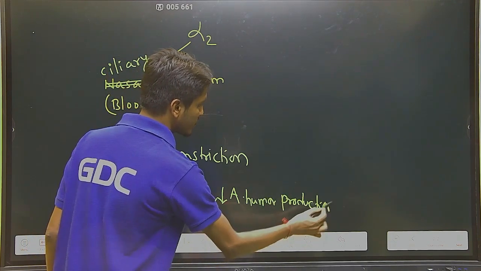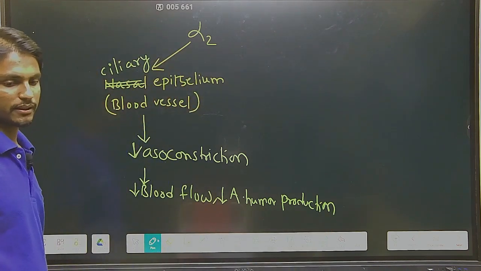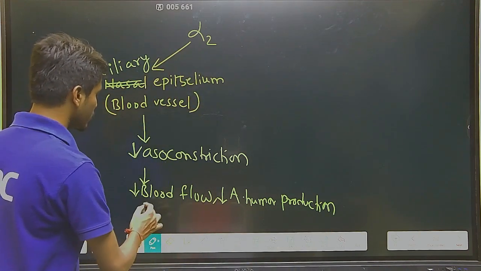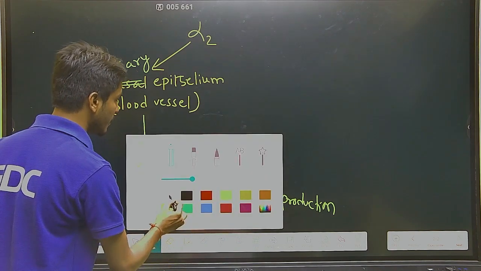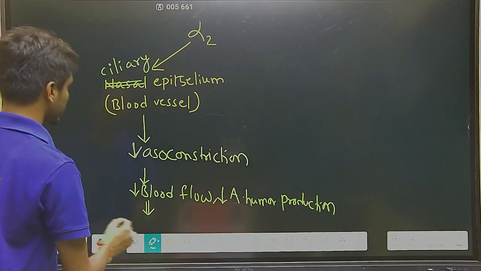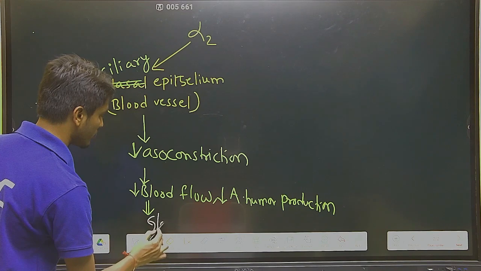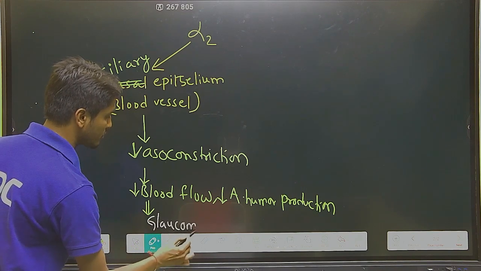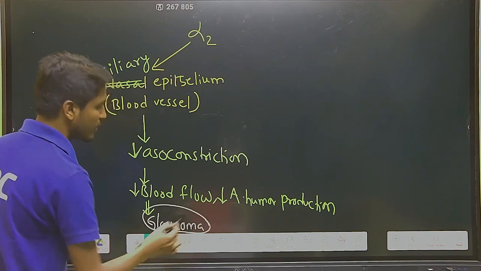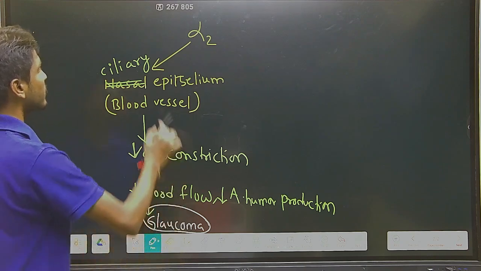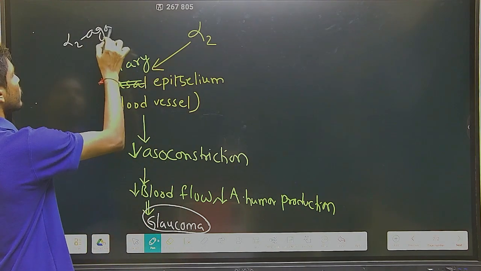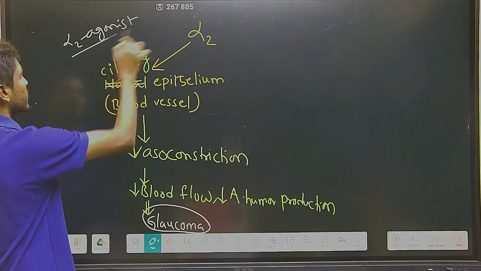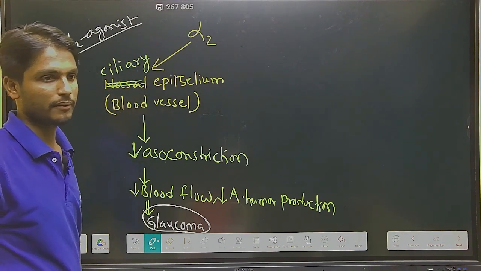Hence, due to the decreased aqueous humor production, the drug can be used in the treatment of glaucoma. That is the alpha-2 agonist; alpha-2 agonists can be used in the treatment of glaucoma.